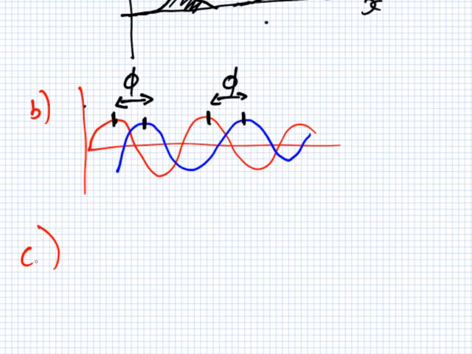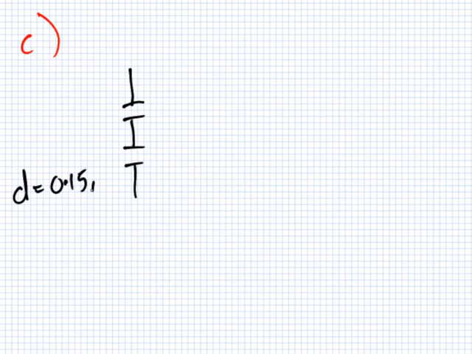Yes, part C. In Young's double slit experiment, you have your slits here. The d equals 0.15 nanometers, and the wavelength is 450 nanometers.